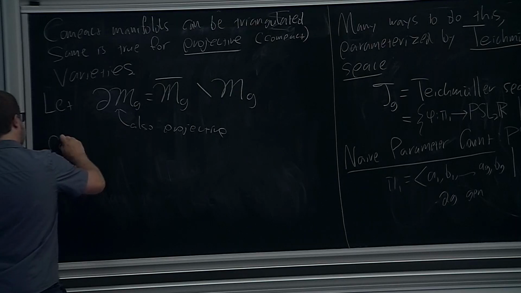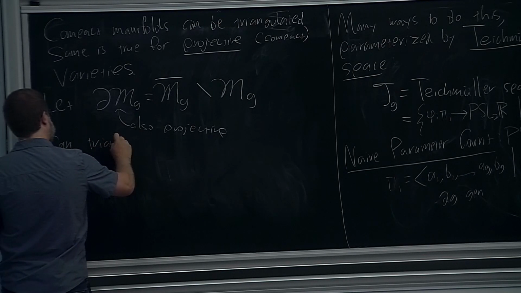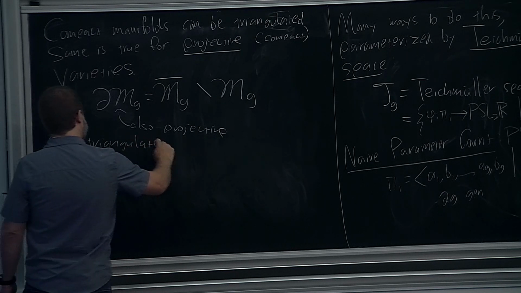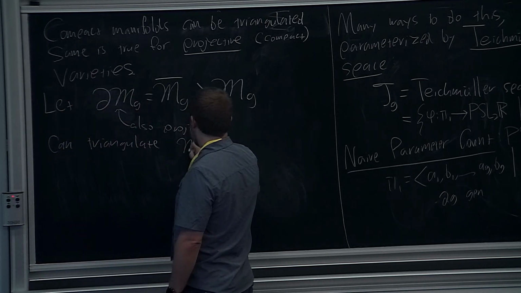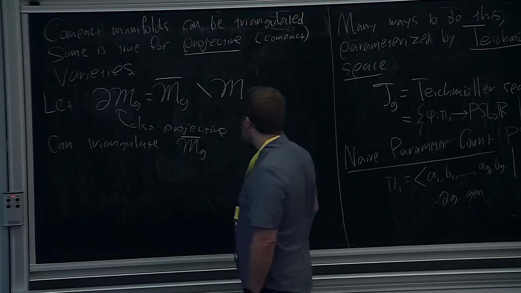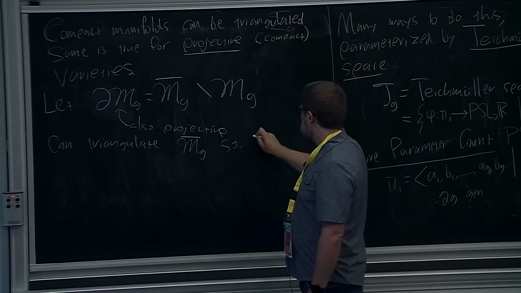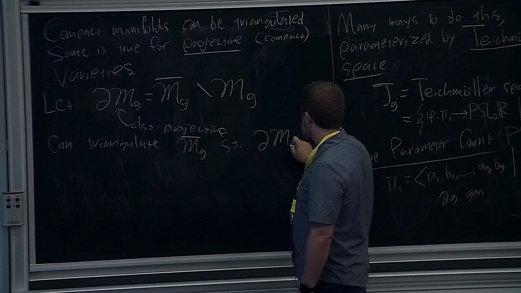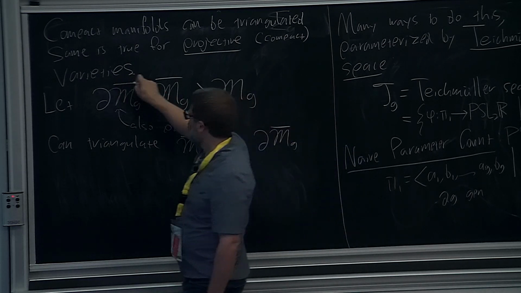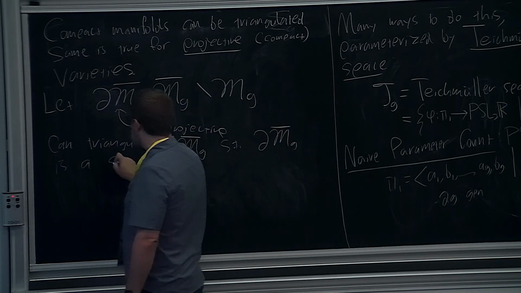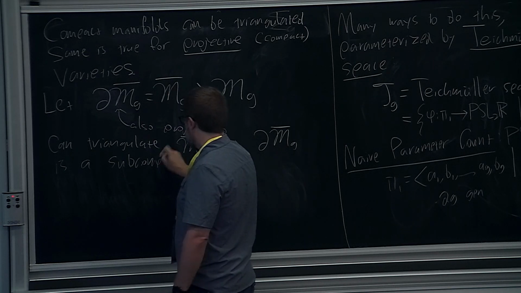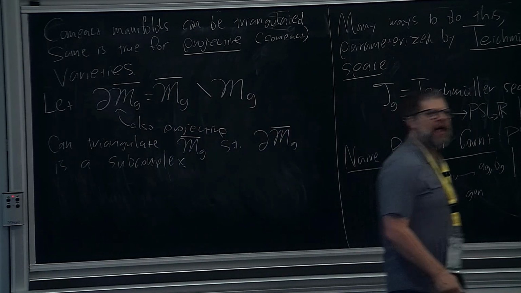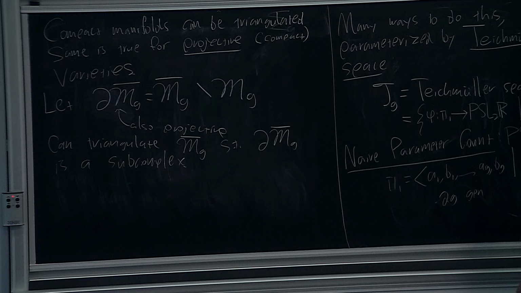So we can triangulate M_g bar such that this boundary of M_g bar is a subcomplex. And what does that imply? This will be the last sentence of my talk.